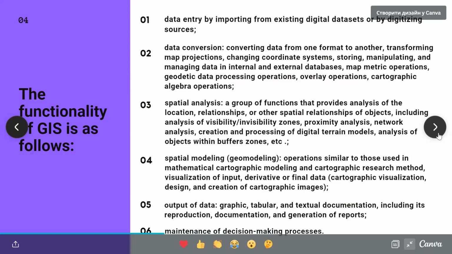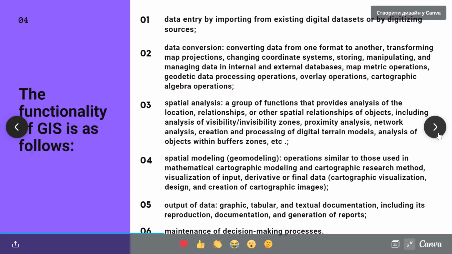Spatial analysis, a group of functions that provides analysis of the location, relationships, or other spatial relationships of objects, including analysis of visibility and invisibility zones, proximity analysis, network analysis, creation and processing of digital terrain models, analysis of objects within buffer zones.